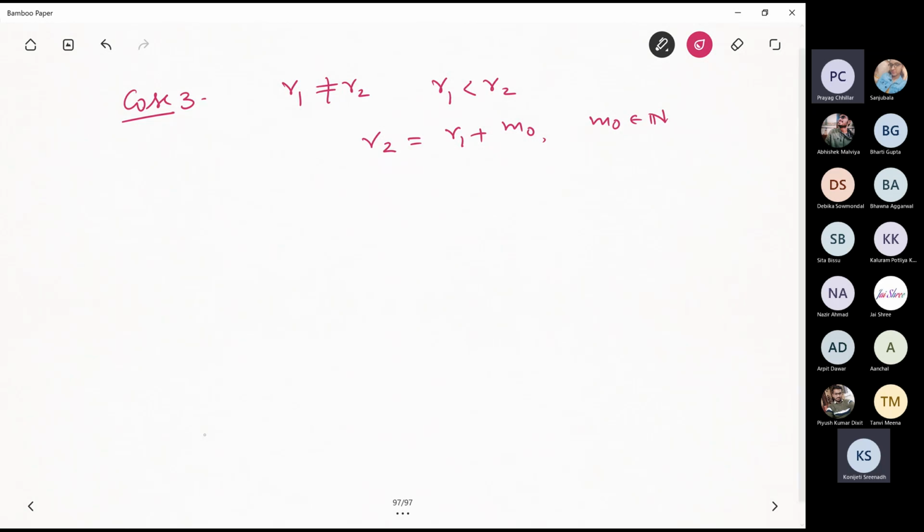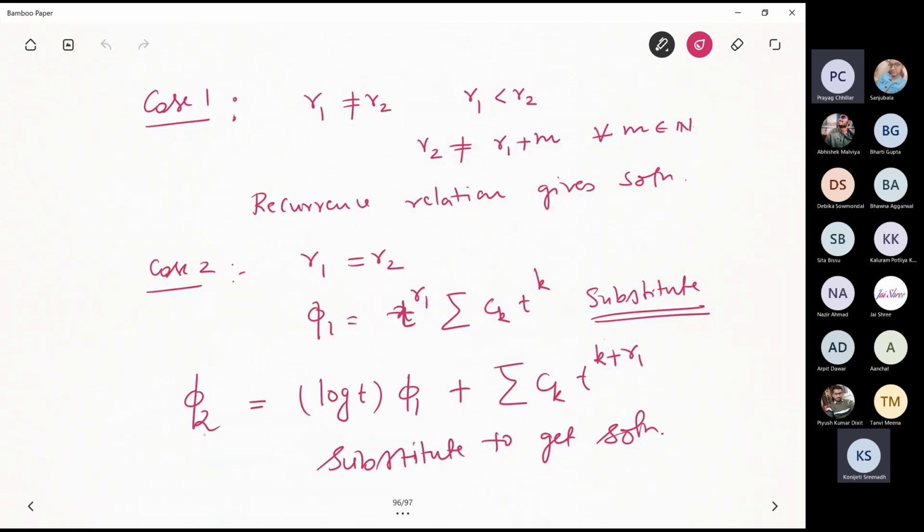So R2 is going to be R1 plus M0, for some natural number M0.